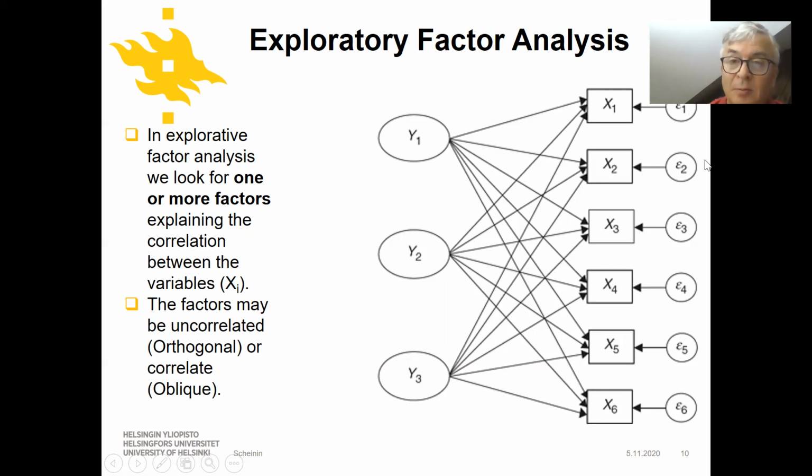And to be very statistically advanced, then you also have error factors. So you don't explain all the variance of the items with the factors. Something is lacking. You don't have 100% explanation ever. So you look at one or more factors explaining the correlation between these items.